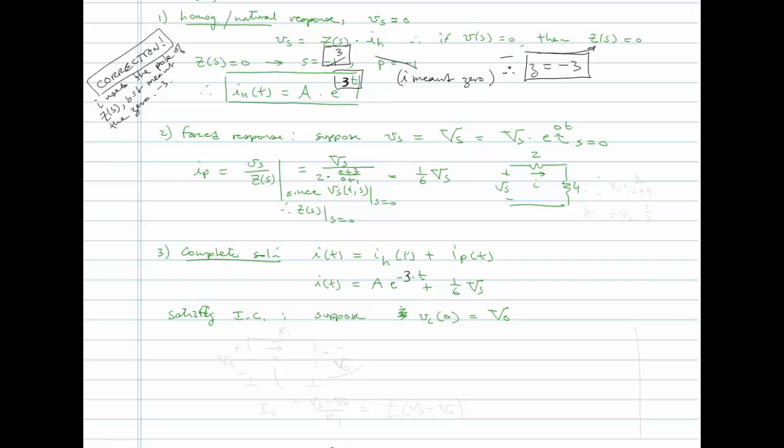Well, we have this resistor R1, at this end we have Vs, and at this end we are told that Vc is equal to Vo. So the current flowing here is simply going to be Vs minus Vo over R1, which is equal to 1/2 of that, since R1 is 2.